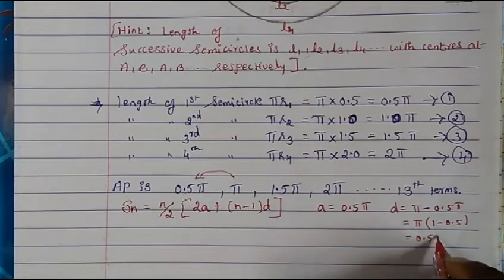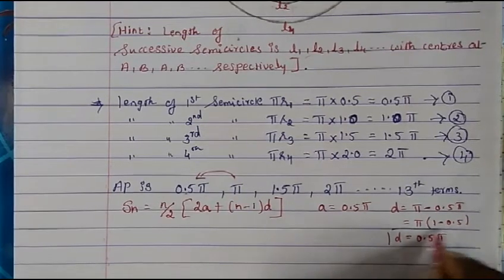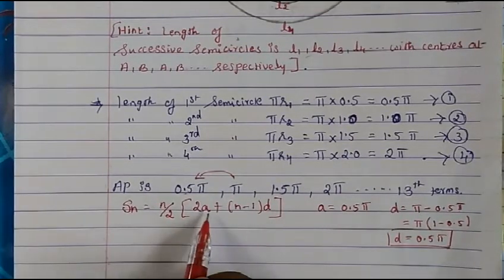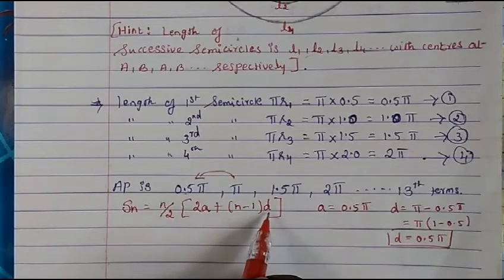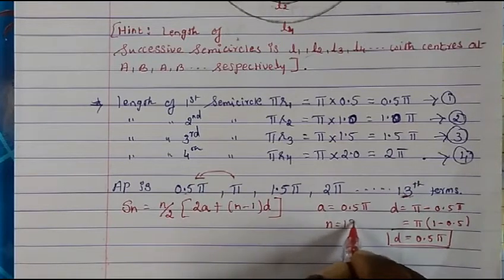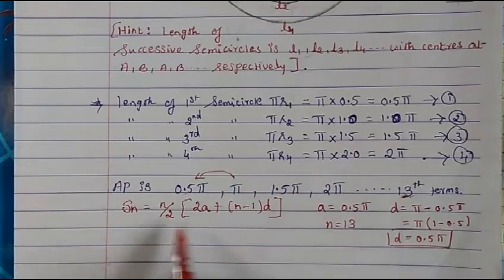So that means 0.5 pi is our d value. What else do we need? We have the a value, we have the d value, and the number of terms is up to the 13th term, so n is 13. So we have all the values. Put it in the formula now.